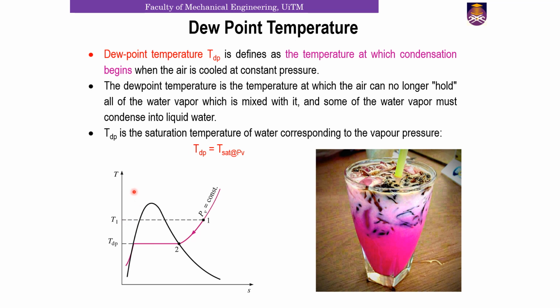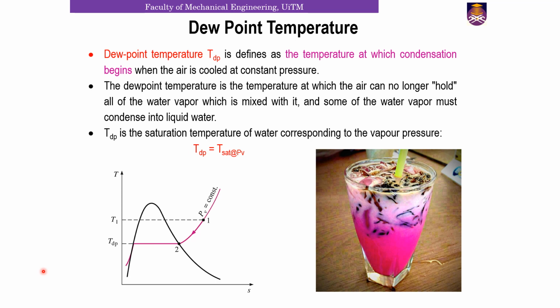Therefore, the vapor in air at state 1 undergoes a constant pressure cooling process until it strikes the saturated vapor line at state 2. The temperature at this point is called dew point temperature. If the temperature drops any further, some vapor will condense out.